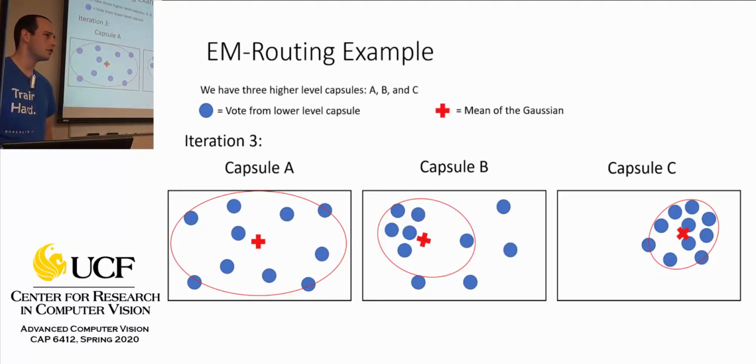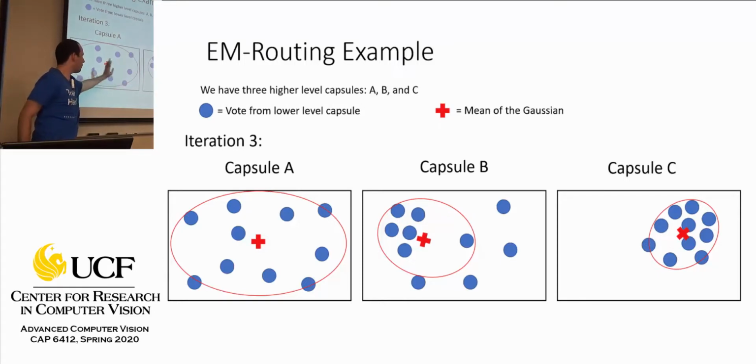I think you mentioned that ideally you want them to overlap and highly agree. But are different capsules not supposed to model or detect different features? Each one of these 10 capsules may model a different feature, but their votes are basically their prediction of what capsule C would look like.